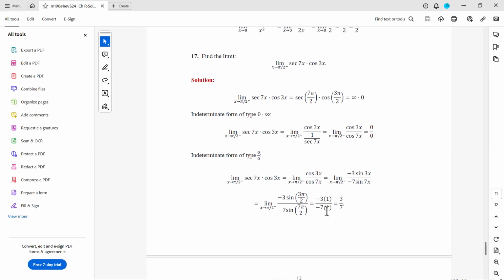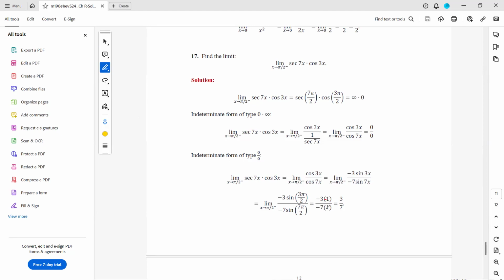So this becomes negative 1 times negative 3, positive 3. These are negative. Let me just fix that on screen. So the answer is going to come out the same because these negatives are going to cancel, but technically that's a negative 1.